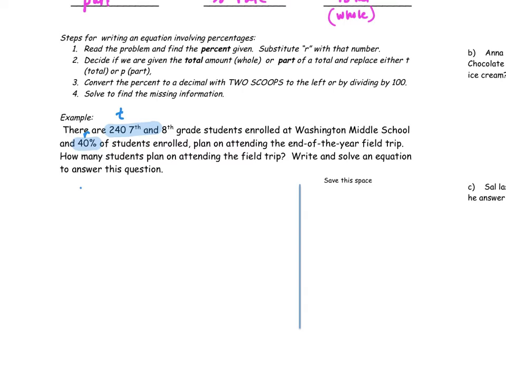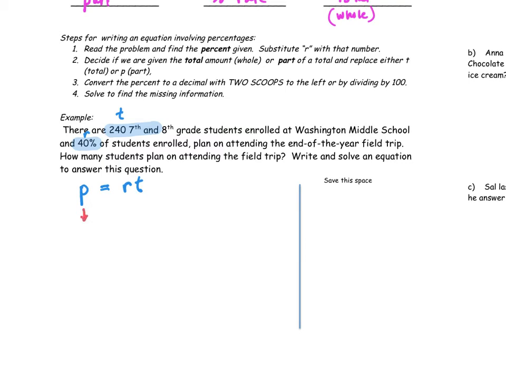So let's write our equation. We have part equals percentage rate times total. And sometimes I like to put a little curve on the T just so it doesn't look like a plus sign. So we don't know the part.